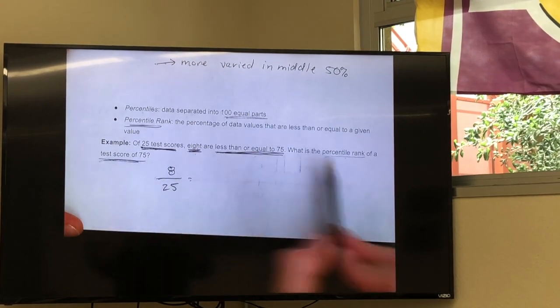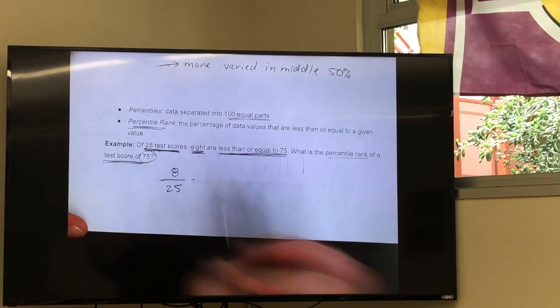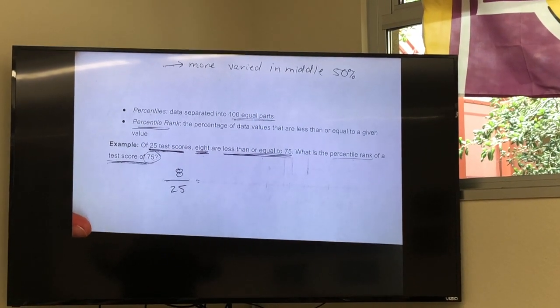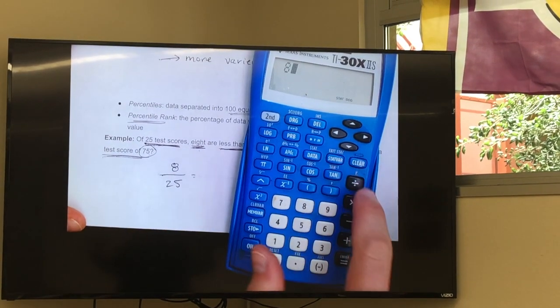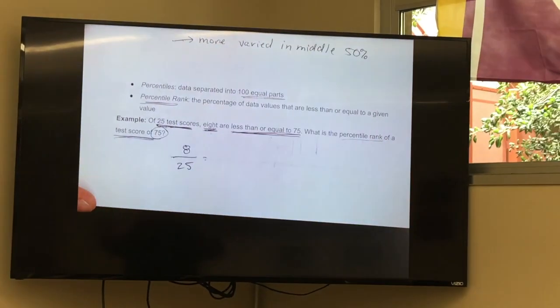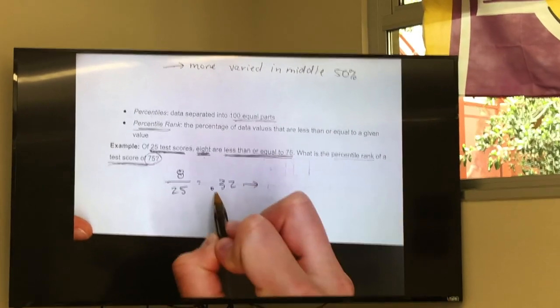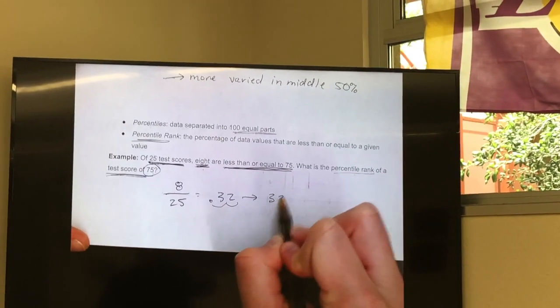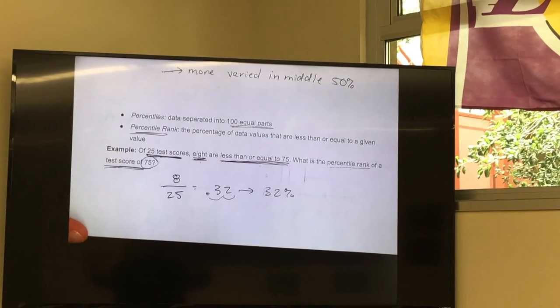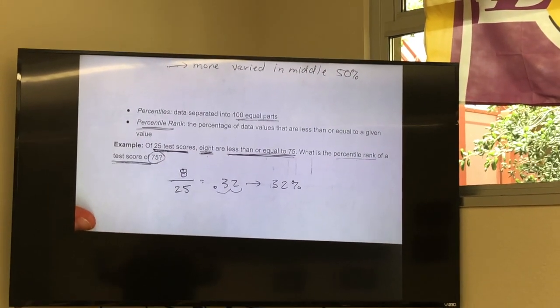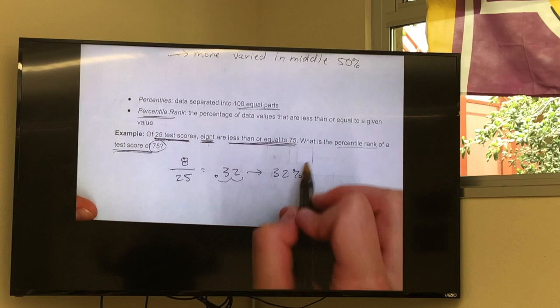So where would 75 rank? You just take the percentage, 8 out of 25. Get 0.32. You guys know this, to get it into a percent, you move the decimal twice. So 32% of the data is less than or equal to 75. So that's its percentile rank.